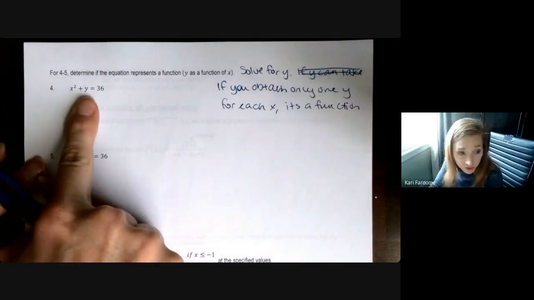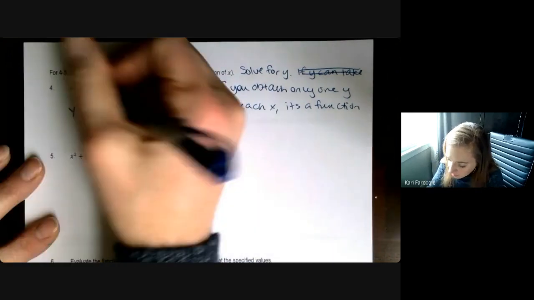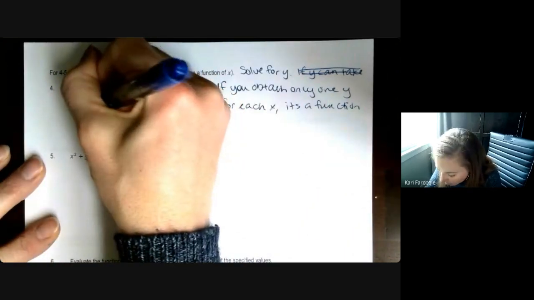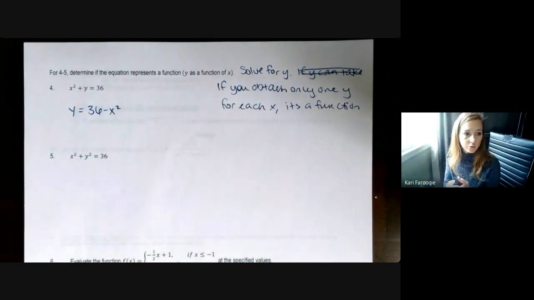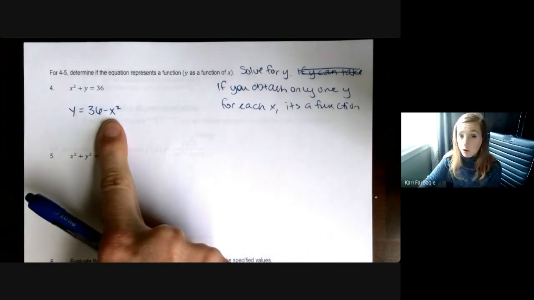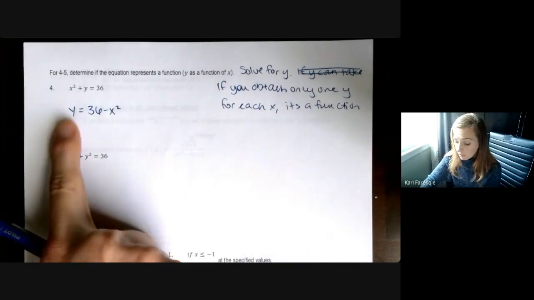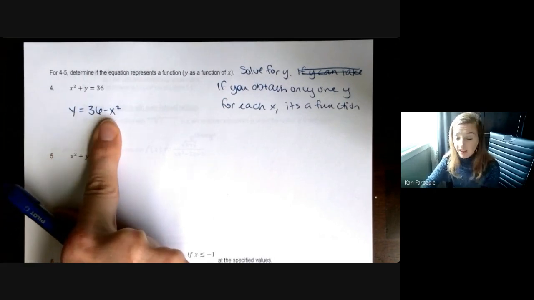If I try to solve this equation for y, I'm going to get y equals, and then I can just say 36 minus x squared. We're just subtracting that x squared term from both sides. Now, I can let x be any number I want, and no matter what it is, I'm only going to get one value of y back. You could even just test some values for this just to get a sense of what would happen.